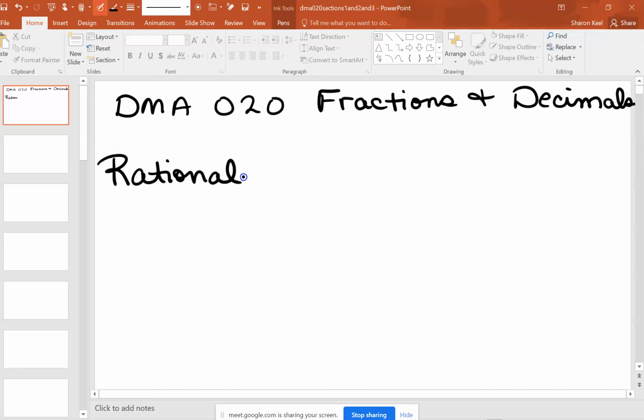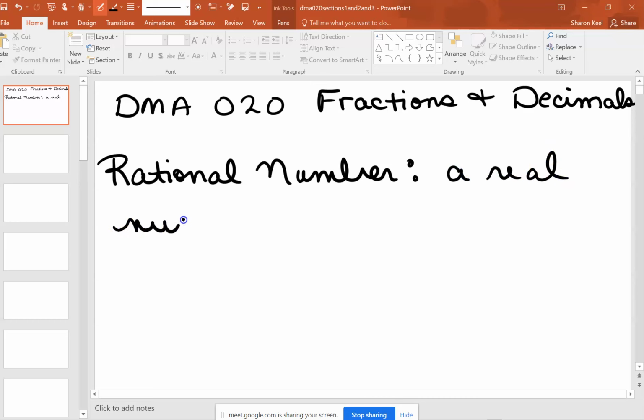We're going to start with the term rational number. What is a rational number? A rational number is a real number that can be written as a simple fraction.